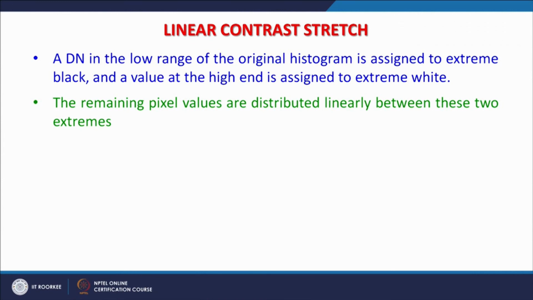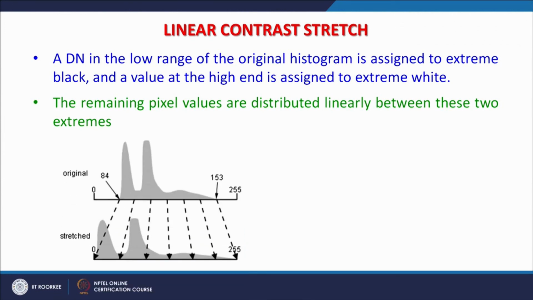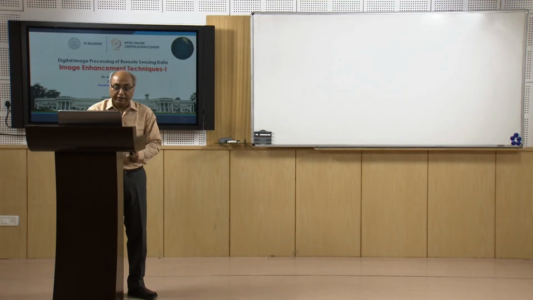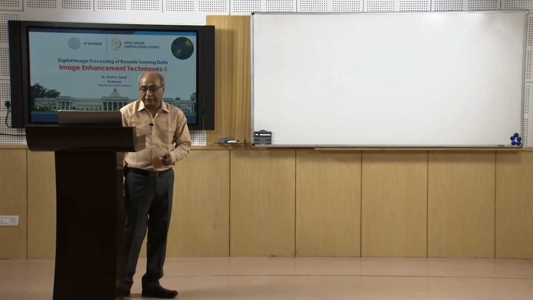An example is shown here, and this is how the lookup table looks. In the transfer function, the original values were here, between say 40 to 200. Now this has been stretched between 0 to 255, and this is the advantage of the lookup table, by which we can achieve linear contrast stretch very easily.